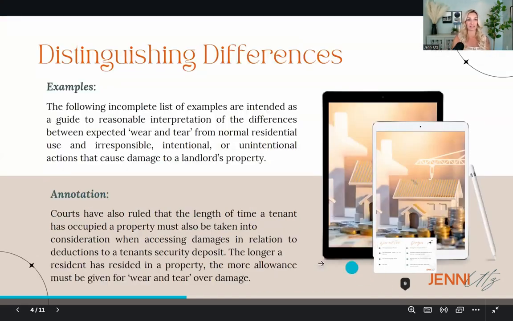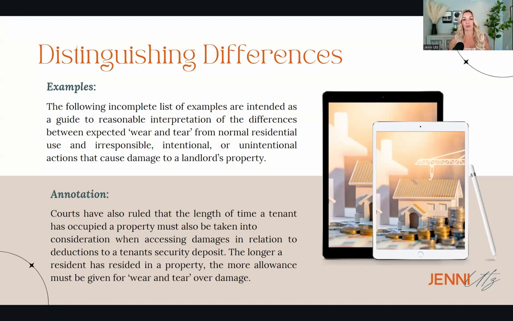So distinguishing the differences, we're going to go over a list of things that, even if it's unintentional versus intentional, we can charge back to the tenants and what that looks like versus your wear and tear. Also, please keep in mind that courts have also ruled that the length of time a tenant has occupied a property must be taken into consideration when assessing the damages.